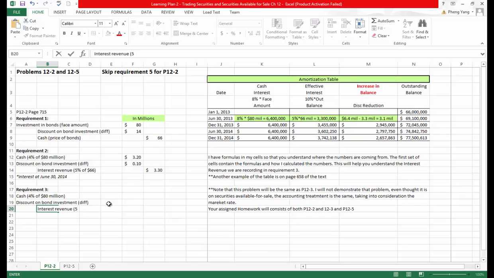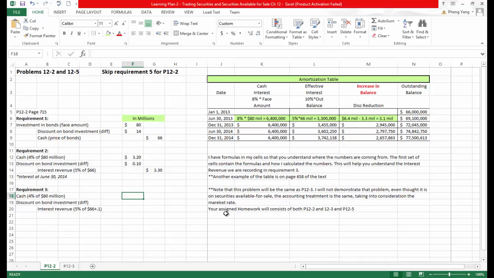It's going to be 5% of the 66 plus the 100,000. Okay. Or you can take this balance here. All right, so that's the balance that we are calculating interest on, the 72,045. And hopefully that is what we're doing.